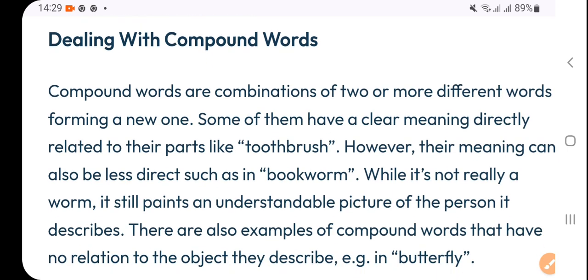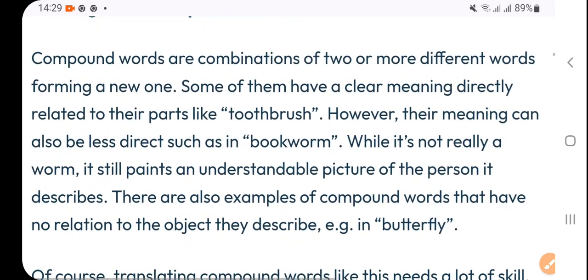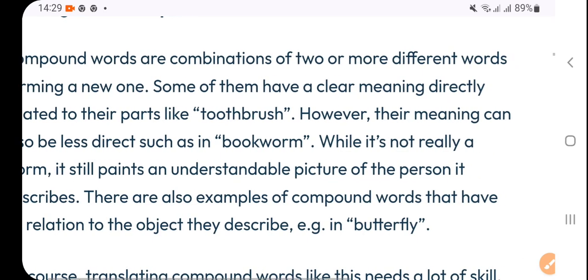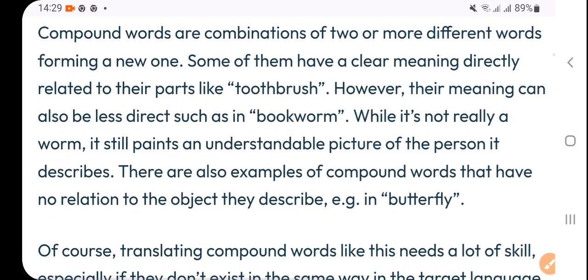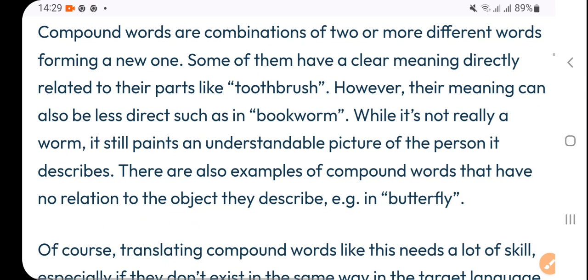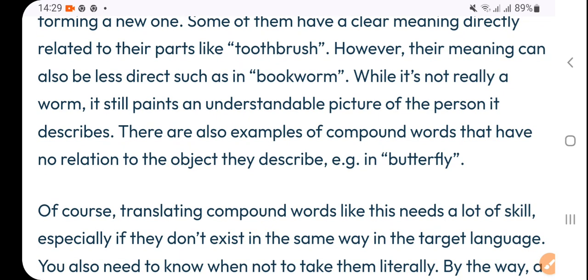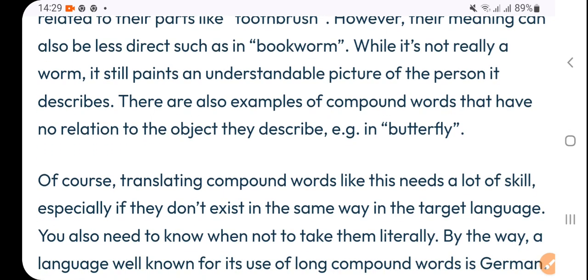Now, dealing with compound words, that's also one of the challenges. Compound words are combinations of two or more different words forming a new one, and some of them have a clear meaning directly related to their parts, like toothbrush, right? However, their meaning can also be less direct, such as bookworm.